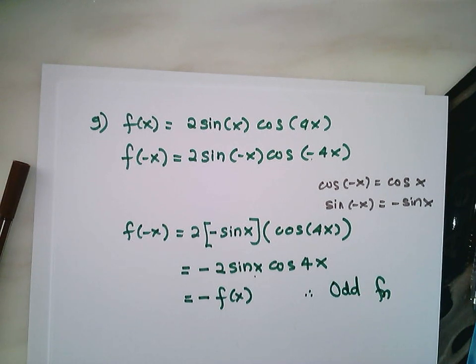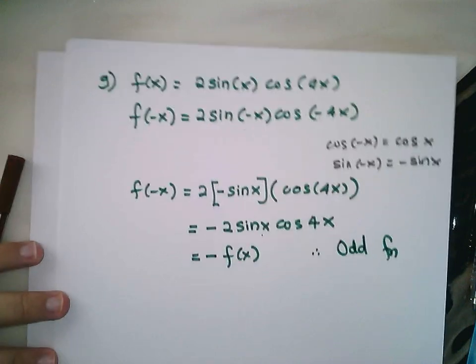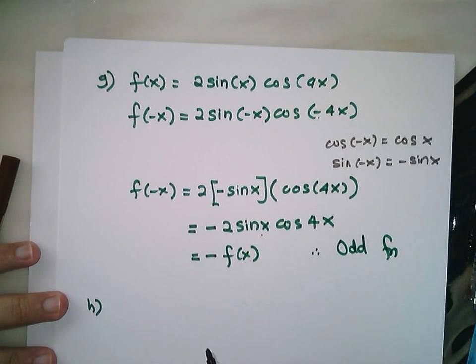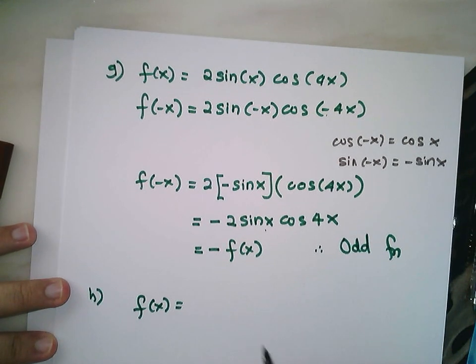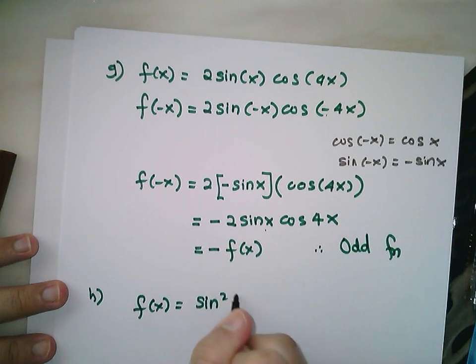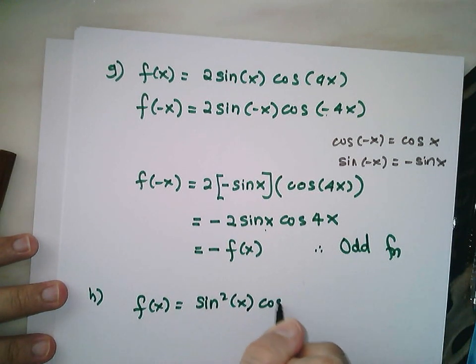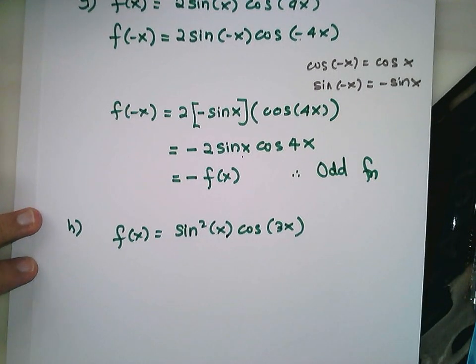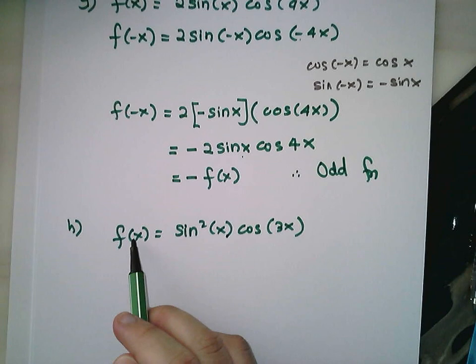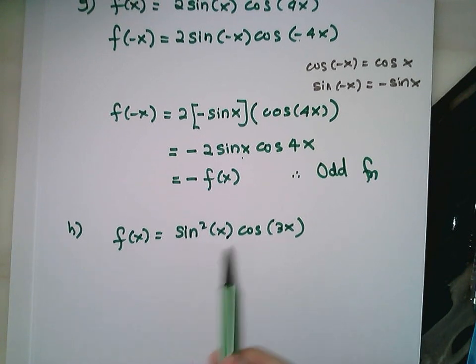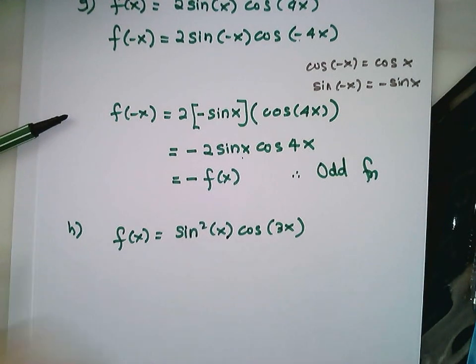Okay, so let's say you have f x is equal to sine squared x cos 3x. Before you can substitute x with negative x, please do something here first, because here you have squared.